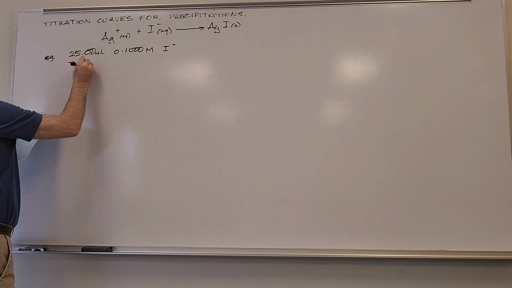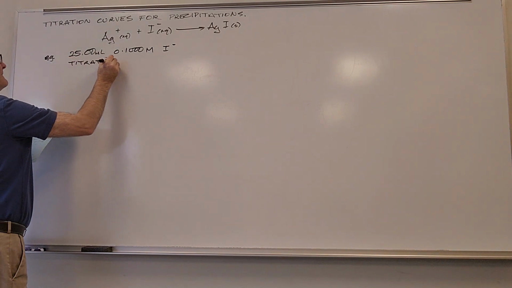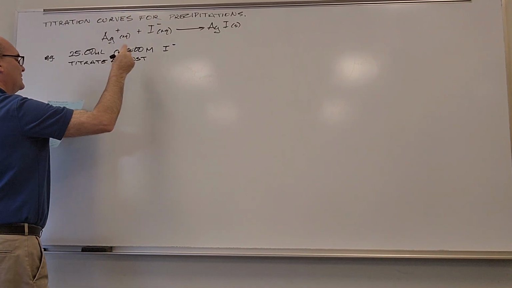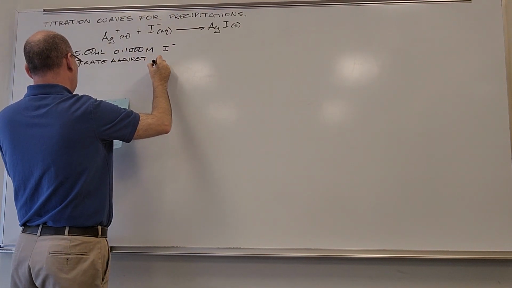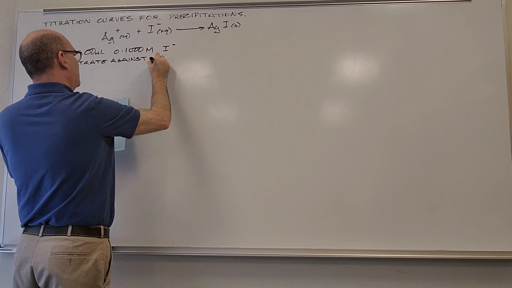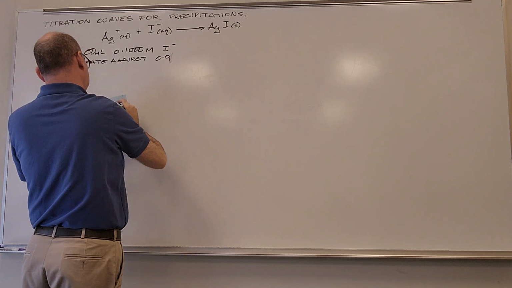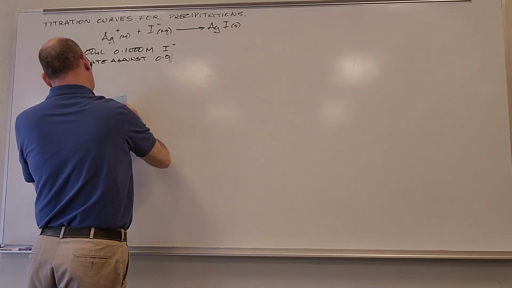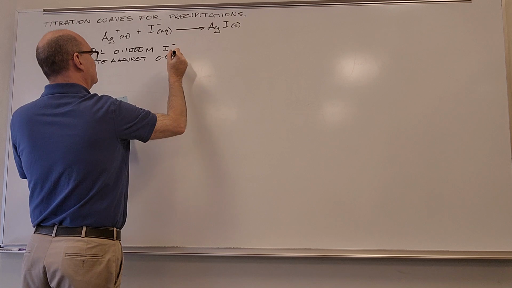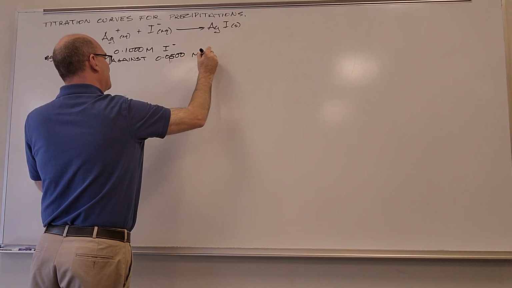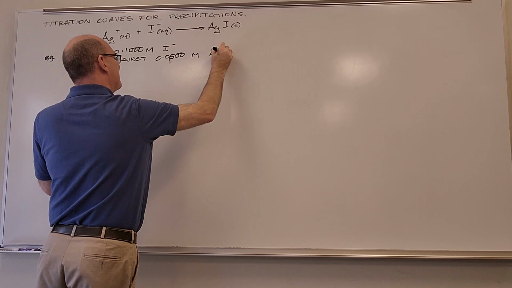And I'm going to titrate against 0.0500 moles per liter silver iodide. I think it should probably be the other way around when you say titrate against.